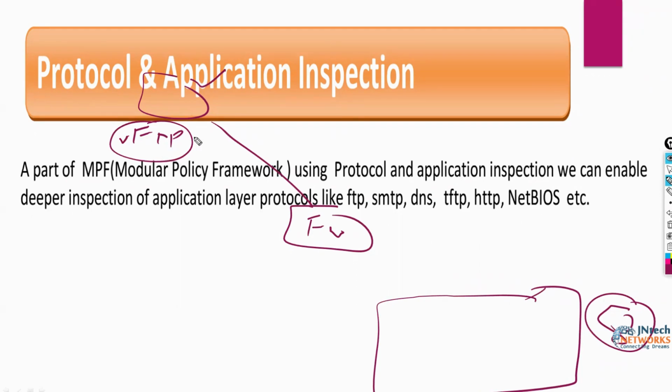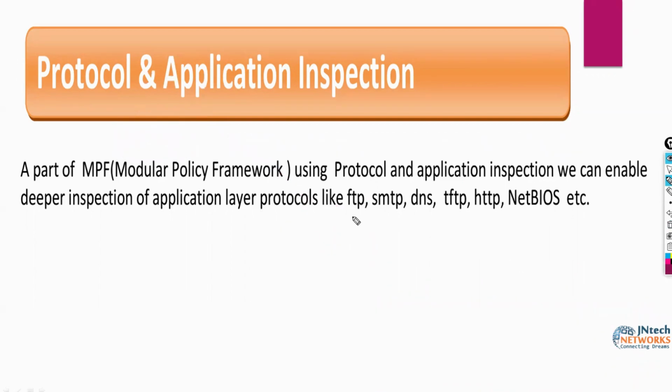So don't confuse. You can say protocols, or you can say service. For example, SMTP is also a service, SMTP service. So both are the same. You can say application or you can say protocols, no problem. But it does not mean a pure application like Facebook or LinkedIn. It's not like that. Okay, now it's clear.